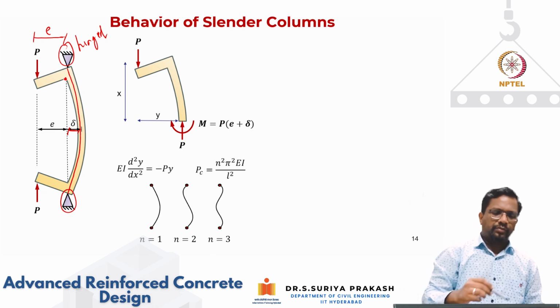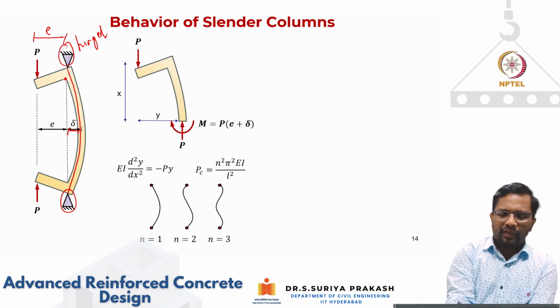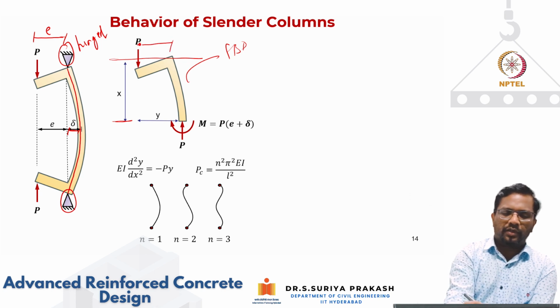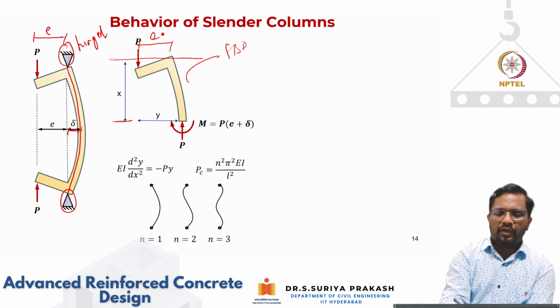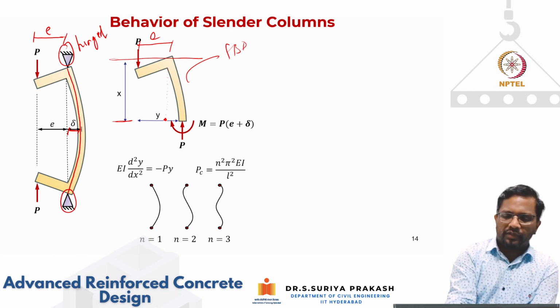Now for this member, let's say I take a section at a distance of x from the top, and consider this free body diagram. The load is P, at a distance of e. At a distance of x, it has a deflection of small delta.